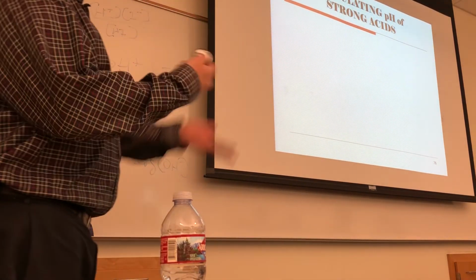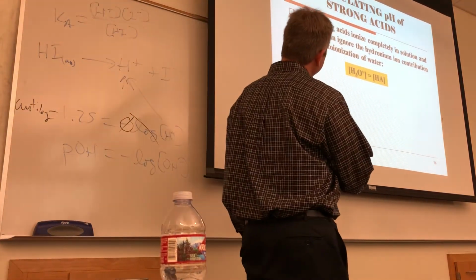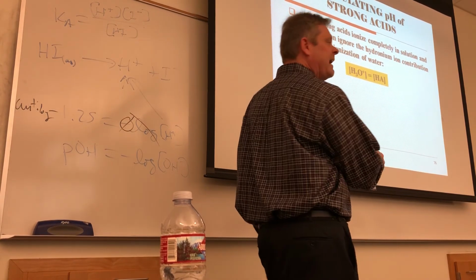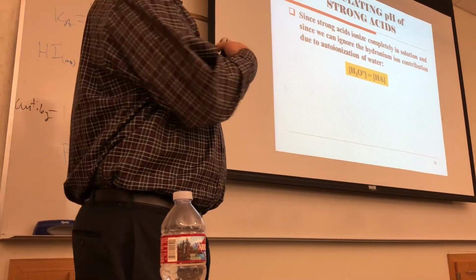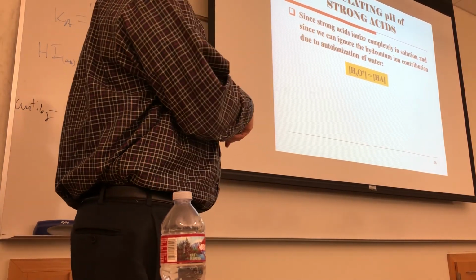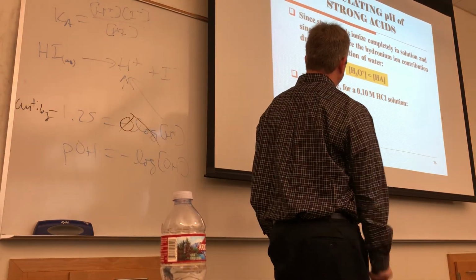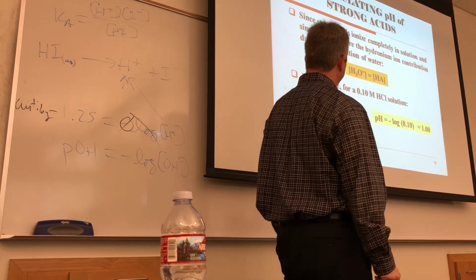Just know that's happening. So this is what we've already experienced. The H3O plus is equal to the acid because it's all completely ionized. So 0.1 molar HCl is the same as 0.1 molar H3O plus, and therefore the pH is going to be 1.